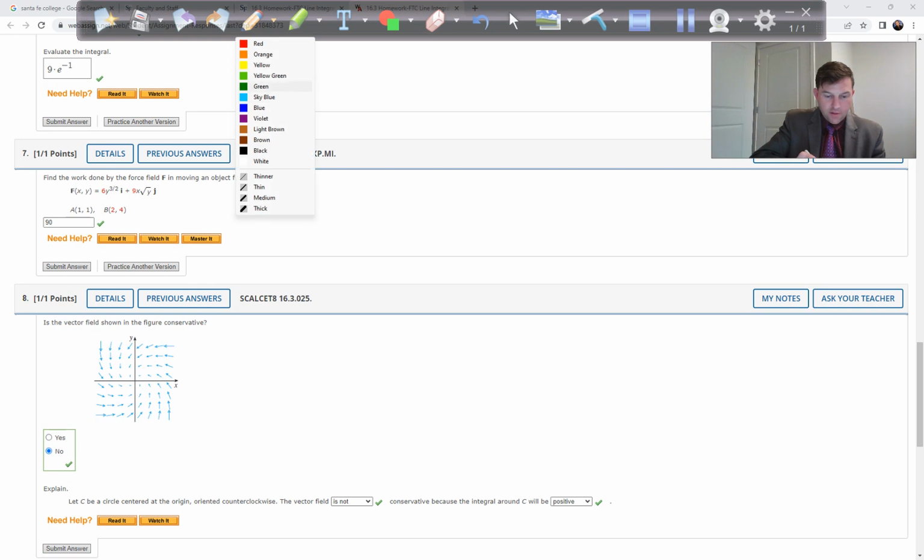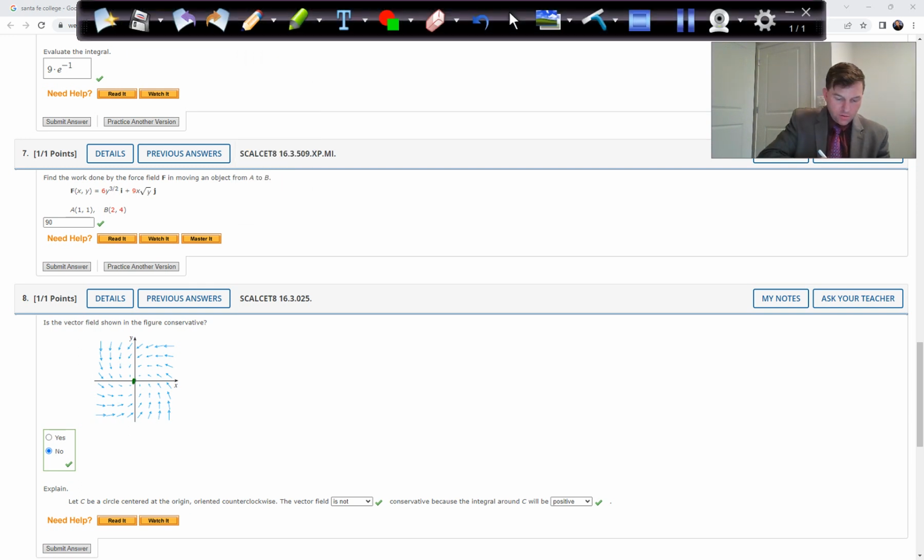So if I have a circle at the origin going counterclockwise, notice that that is going with the vector field F. If it's going with the vector field F, then this motion with the field will be positive.